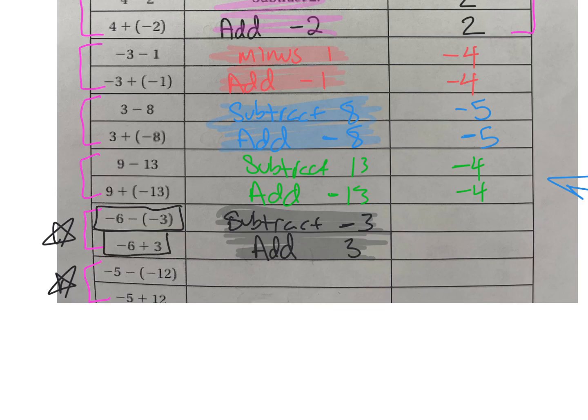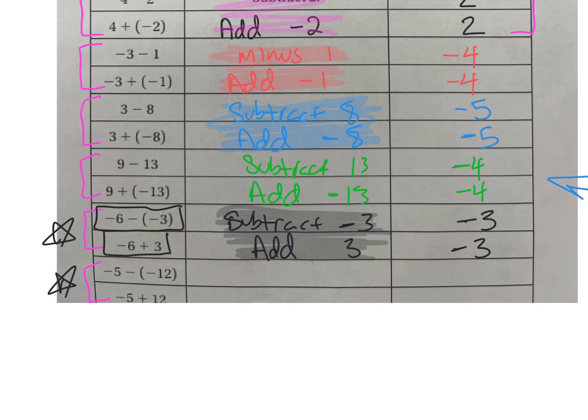You showed up to the party with negative $6. You owed somebody money. But then somebody gave you $3. Well, now you only owe them 3. Let's not get into the idea of like, well, what about the other guy? That's not how that works. Don't worry about it. So negative 6 minus negative 3, also that.